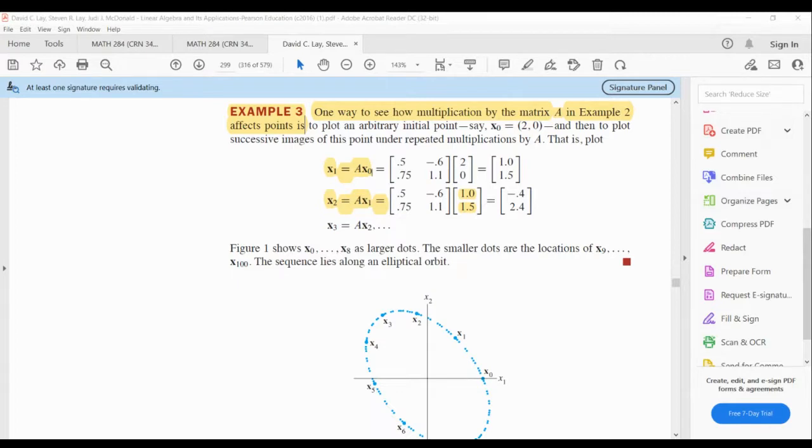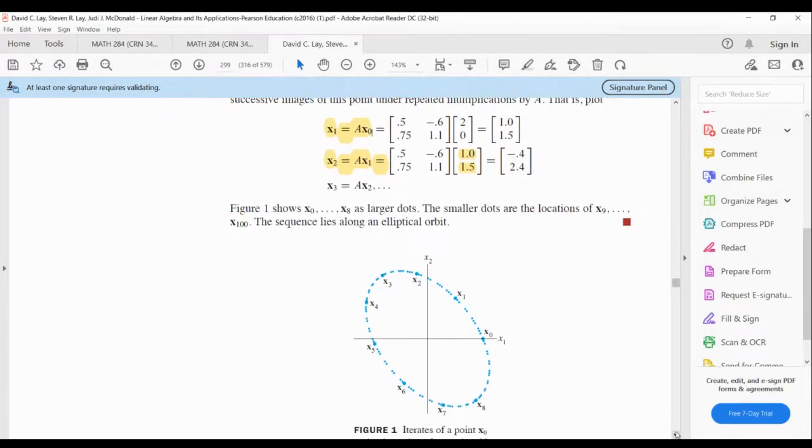And then you can keep going. The effect of multiplying a vector by this matrix A that has complex eigenvalues, complex eigenvectors, is that it produces an orbit, an elliptical orbit.